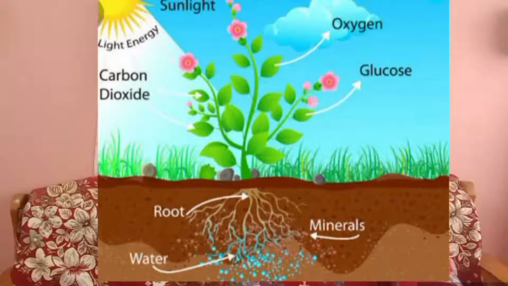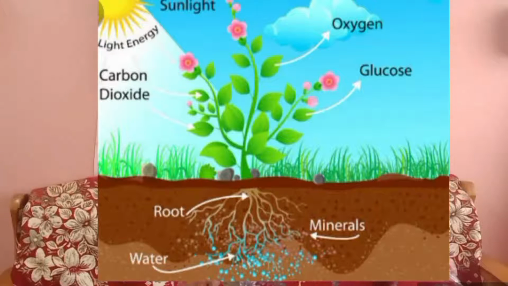The leaves are green in color because they contain a green pigment known as chlorophyll, and this is very important for photosynthesis.